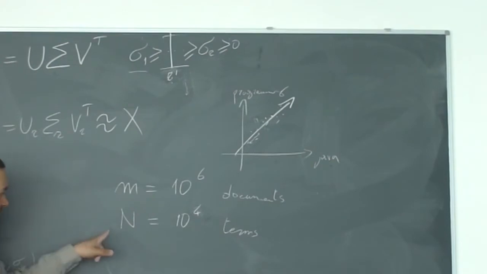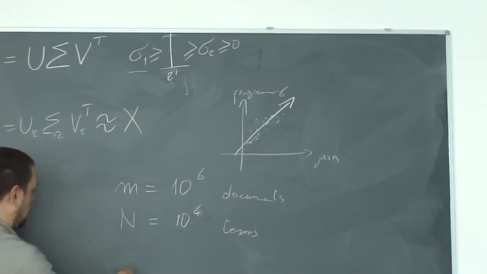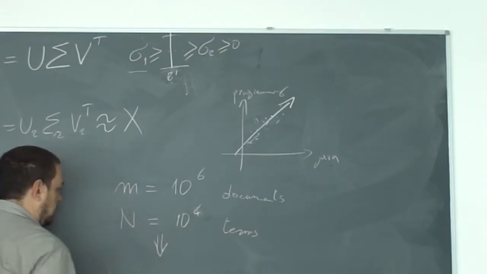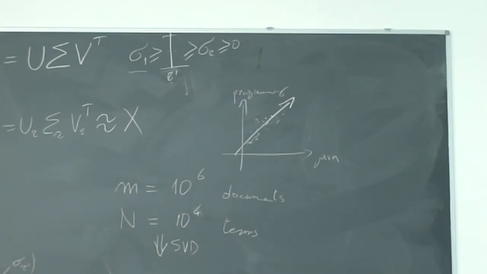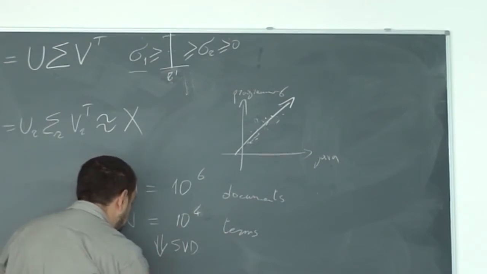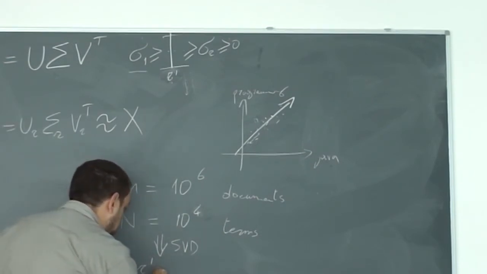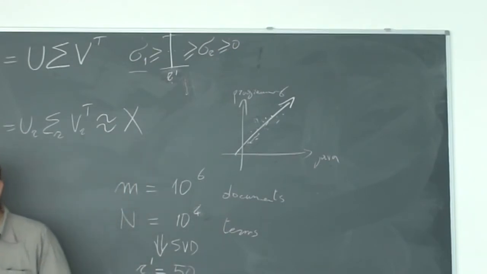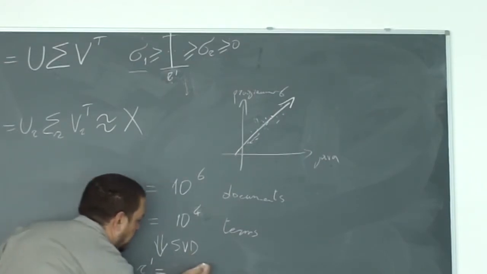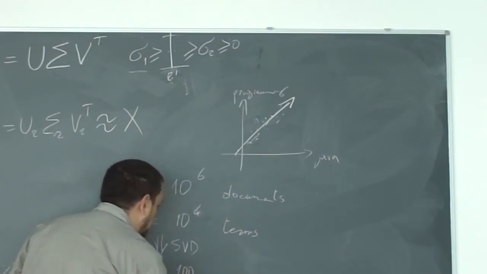But in this case, we can intentionally decide to go through the SVD decomposition and truncate everything to the first 50 dimensions, for example. Well, let's say 100.